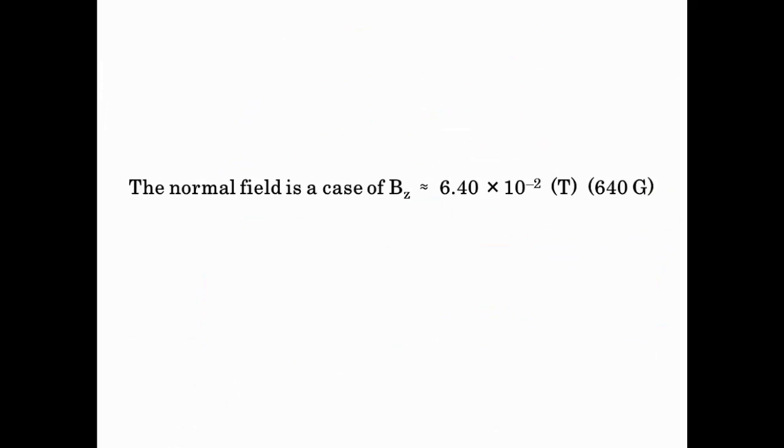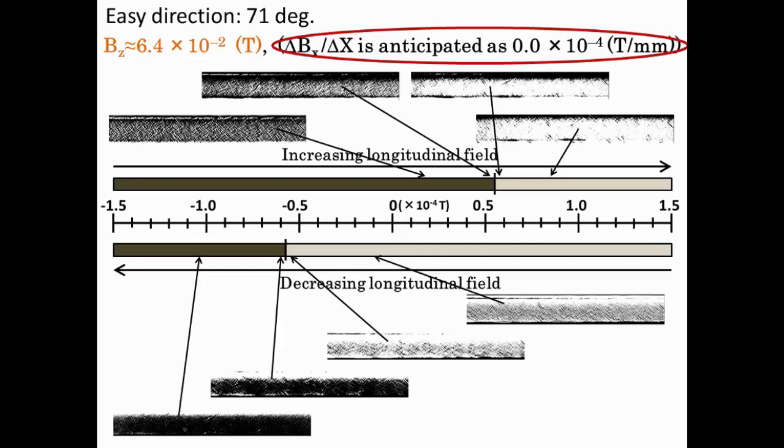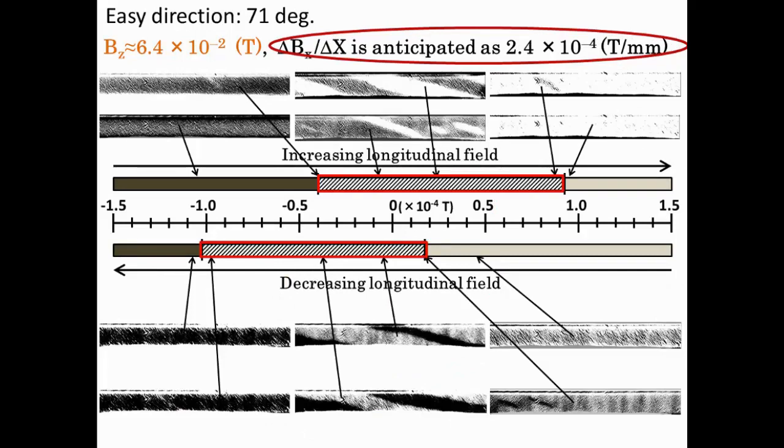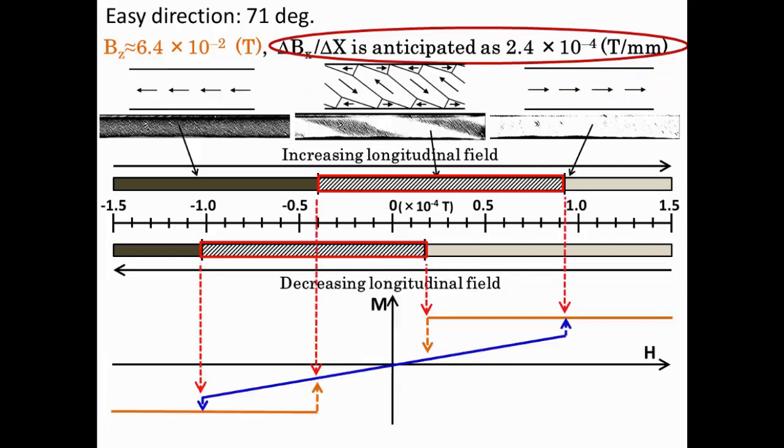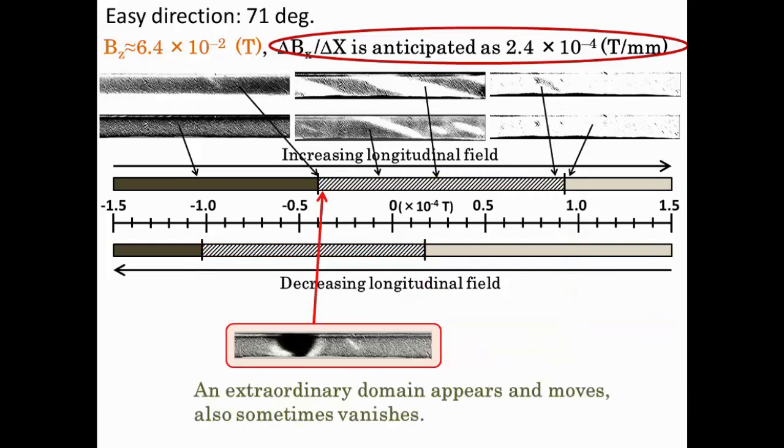Now, for the case of normal field 640 Gauss, it's the same as the previous one. dBdx is 0, and as increasing the dBdx, it appears and widens. And in this case of normal field 640 Gauss, sometimes an extraordinary domain was observed.